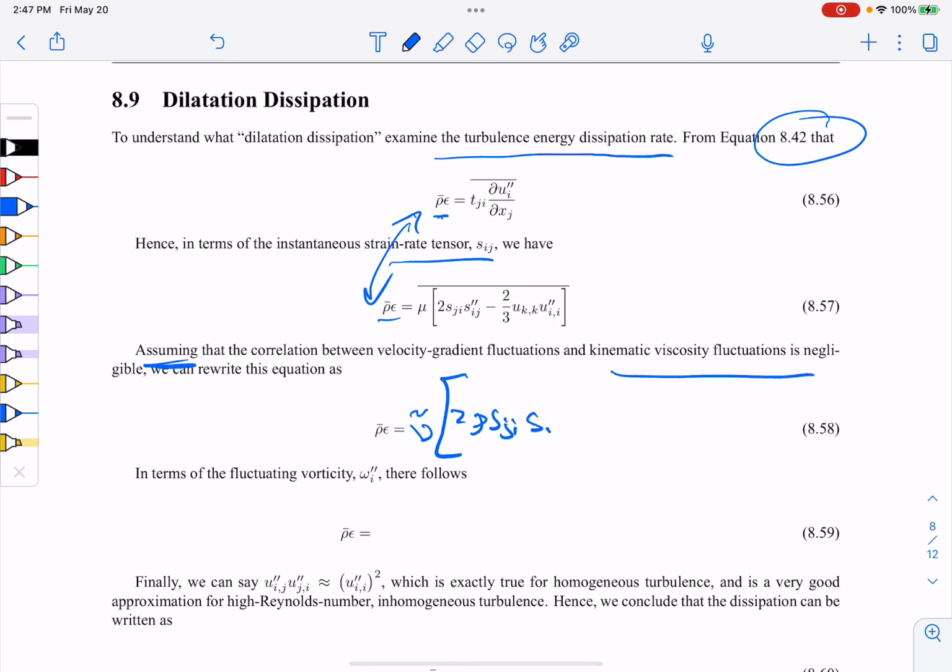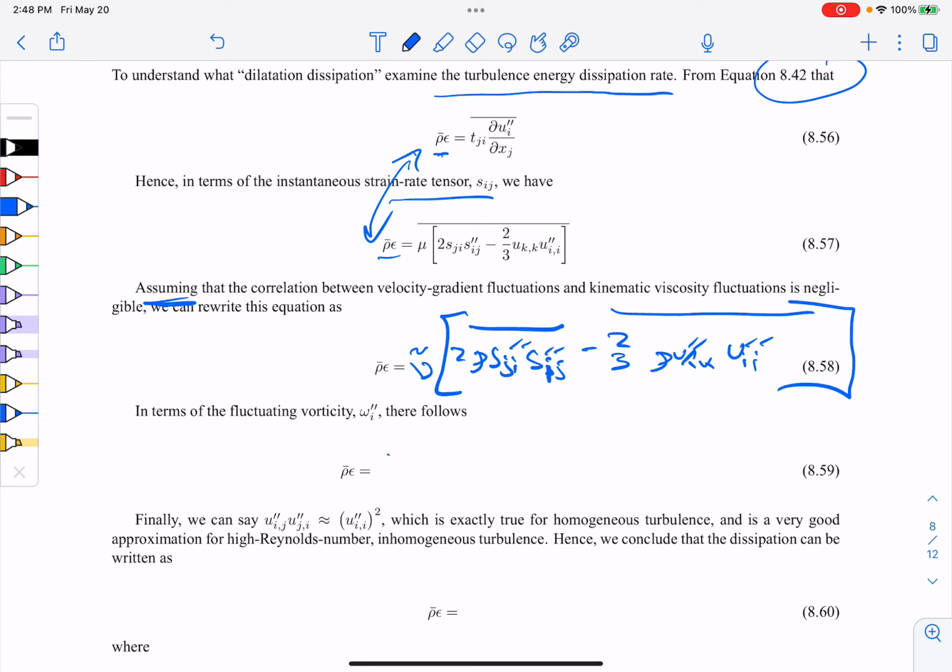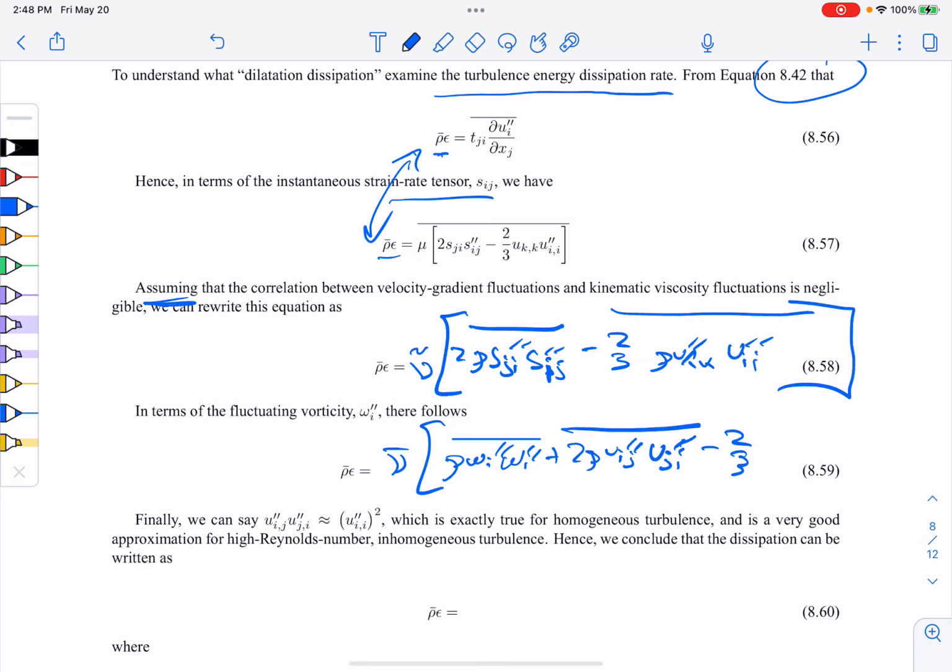We can then rewrite the same in terms of fluctuating vorticity. And that might be nu bar times rho omega i double prime omega i double prime bar plus 2 rho uj double prime ui double prime bar minus 2/3 of rho ui double prime ui double prime bar in brackets.